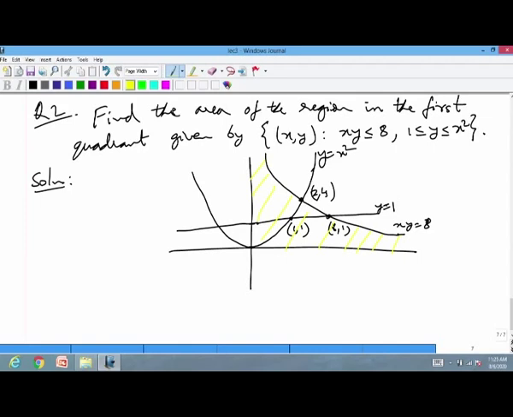This is the region x y less than or equal to 8, below this curve y equal to 8 by x, and y has to be bigger than or equal to 1 and less than or equal to x square. So, this yellow region is x y less than or equal to 8 and in the first quadrant.